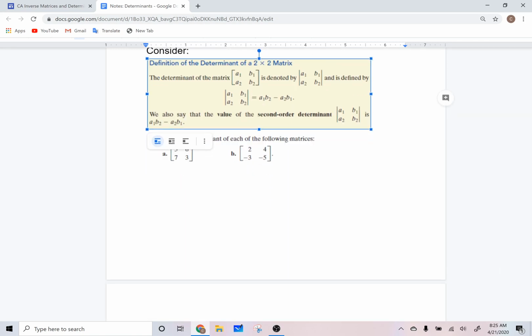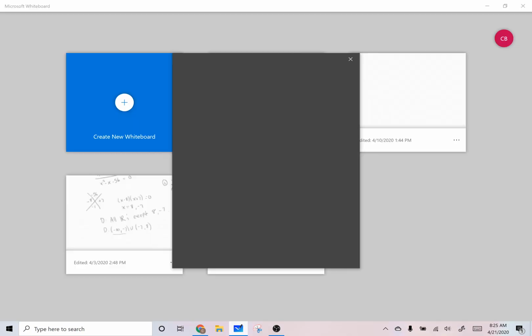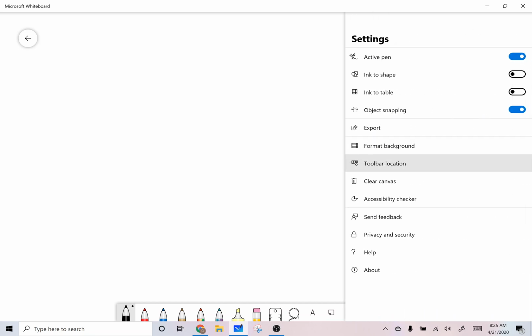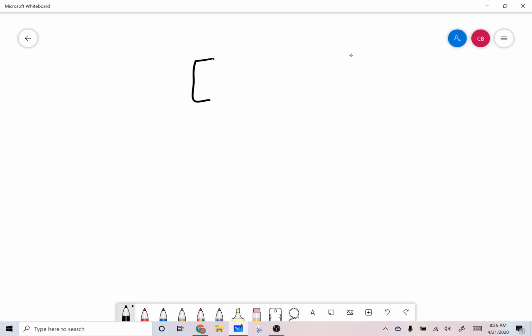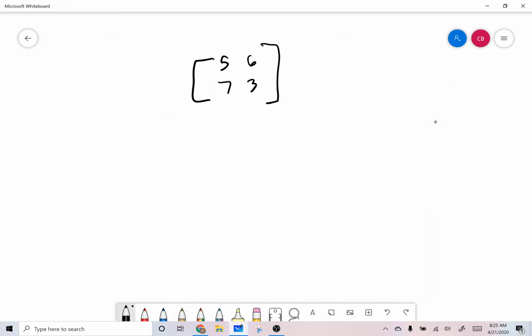So the first thing we're going to do is we have the matrix 5, 6, 7, 3. Let me write that down real fast for you. Then all we do, if we want to find the determinant of that matrix, it's like absolute values.